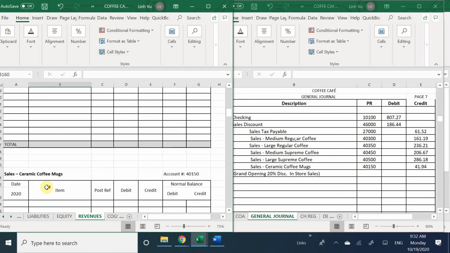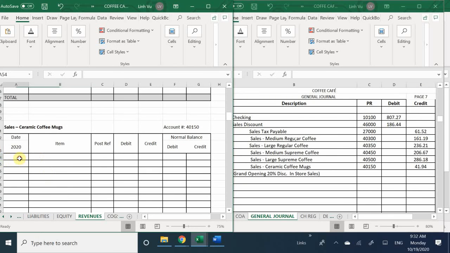Here you go, sales ceramic coffee mugs. All right, the 18th of June. How many coffee mugs did I sell? 6. Okay. General journal number 7.